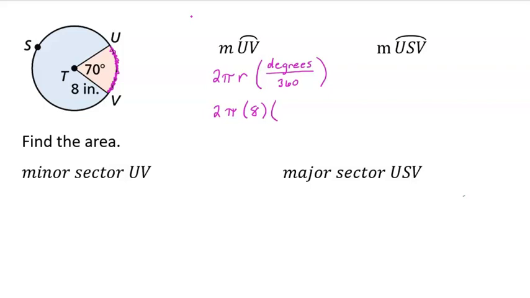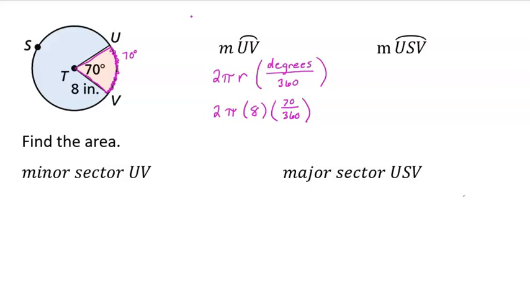Whenever you're looking at degrees, you either want to make sure you calculate it. In this case, we have a central angle here, and so I already know that this arc measure is also going to be 70 degrees. And so 70 over 360.